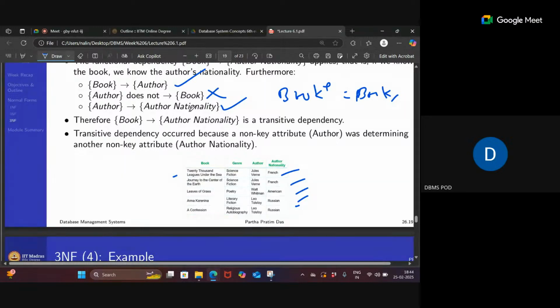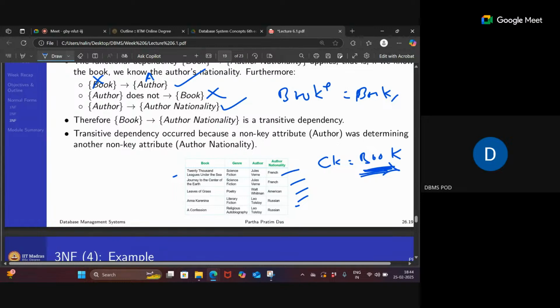What are the prime attributes for this table? The candidate key is only book. It is only book. Let us see this FD. Book determines author. It is valid because X is the primary key. Book is the primary key. X determines A, where X is a super key or candidate key.